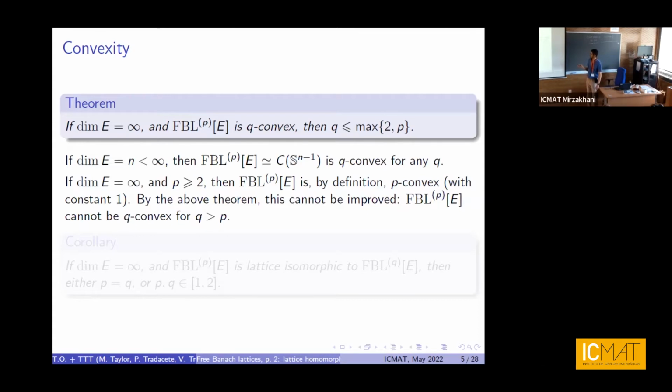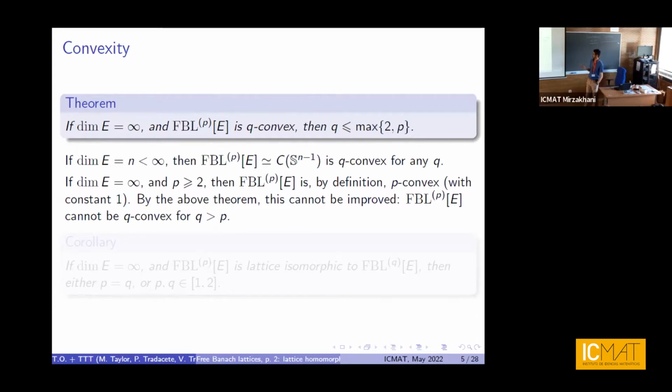But first let me mention that, of course, the infinite dimensionality condition is essential, because if we start with an n-dimensional space E, then we know that the corresponding free Banach lattice is lattice isomorphic to a space of continuous functions on the sphere.